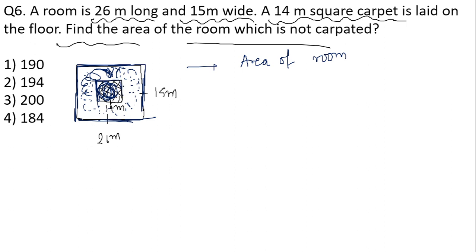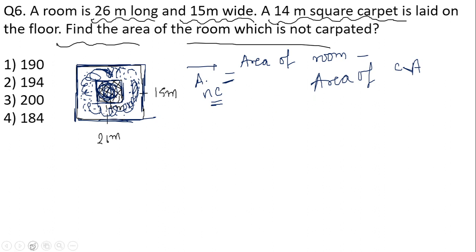Once we subtract this carpeted area, we will get the non-carpeted area, that is this one. So area of room minus area of carpeted area, I'll write it as CA, will get the area of the non-carpeted room.